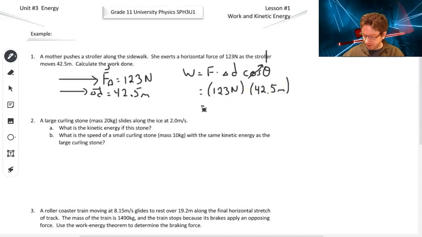So 123 times 42.5, and you get 5,227, but keeping significant digits, 3 and 3, so 5.23 times 10 to the 3, and our units, joules. Make sure you have newtons and meters here. As long as you have standard base SI units up here, you'll get joules in the end.